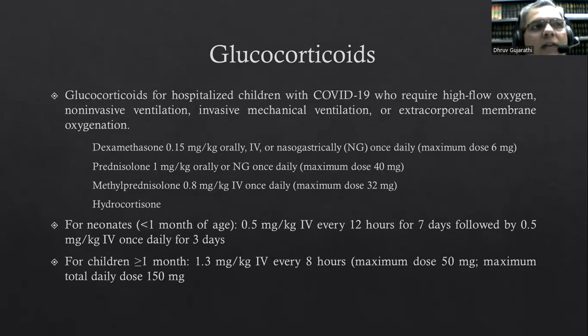The dose of dexamethasone should be 0.15 mg per kg orally, IV or nasogastrically once daily for 6 days. Or in the absence of dexamethasone, we can use prednisolone 1 mg per kg orally or nasogastric, or methylprednisolone 0.8 mg per kg intravenously once a day.